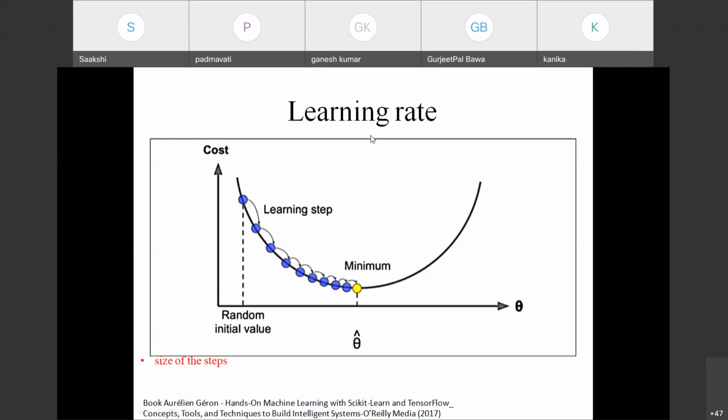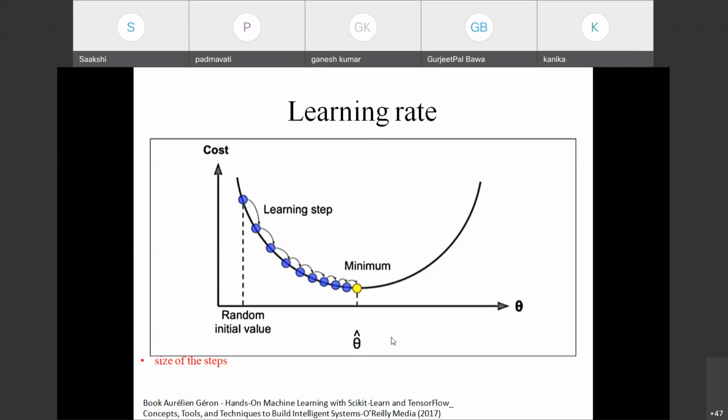The graph itself indicates how the cost is going to reduce with respect to the learning process, initialized with some random value. Here theta is the parameter vector.